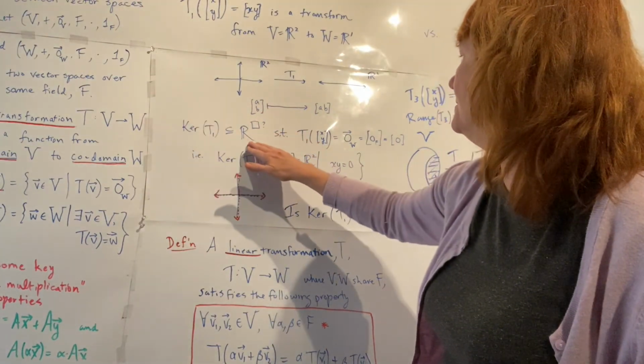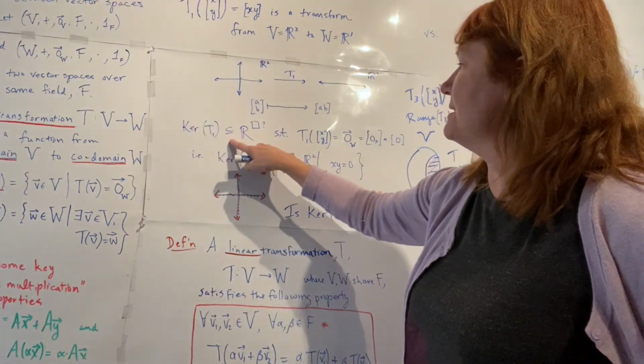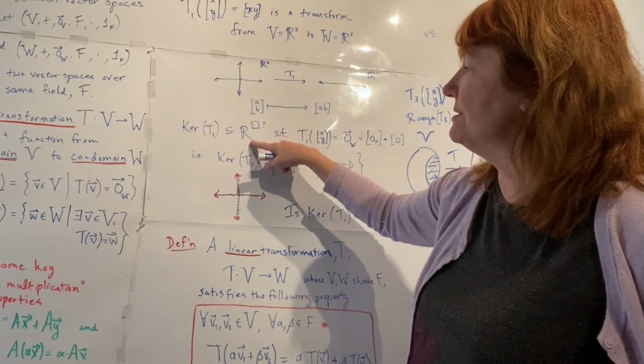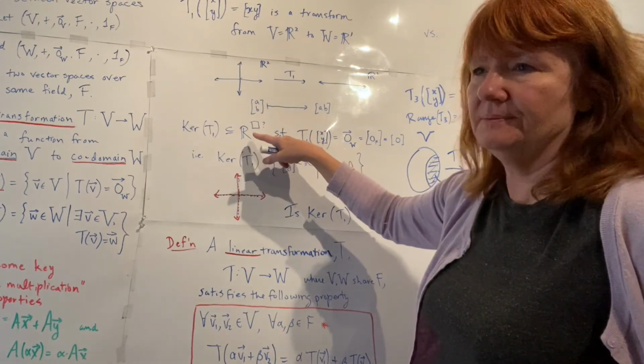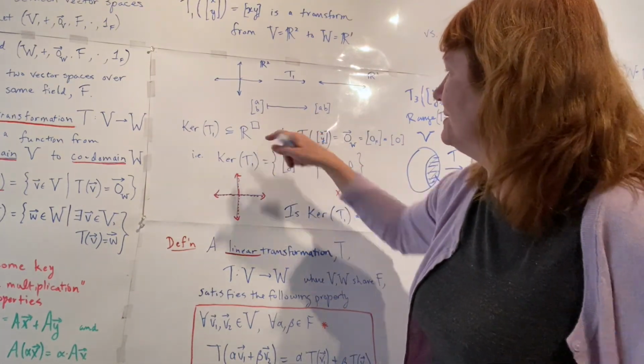Can you answer questions like this? The kernel is a subspace of, a subset of what? It's got to be R2.